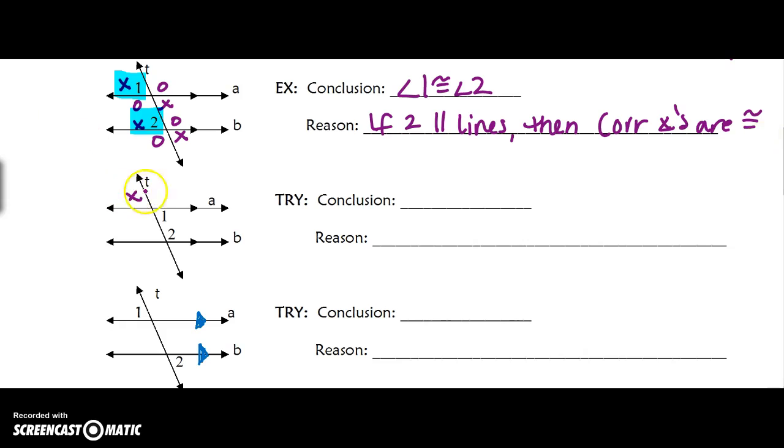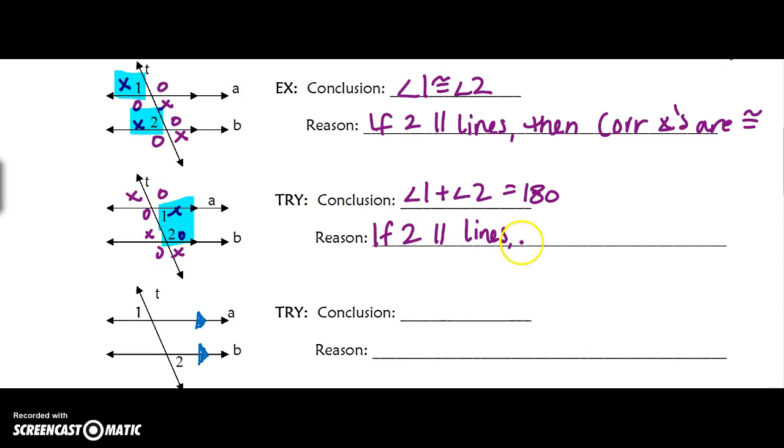On the inside here, you've got angle 1 and angle 2. So we're just going to look here. You have one X and one O. So we can say that angle 1 plus angle 2 is going to equal 180. And we know this again because if we have two parallel lines, then same side interior angles are supplementary.